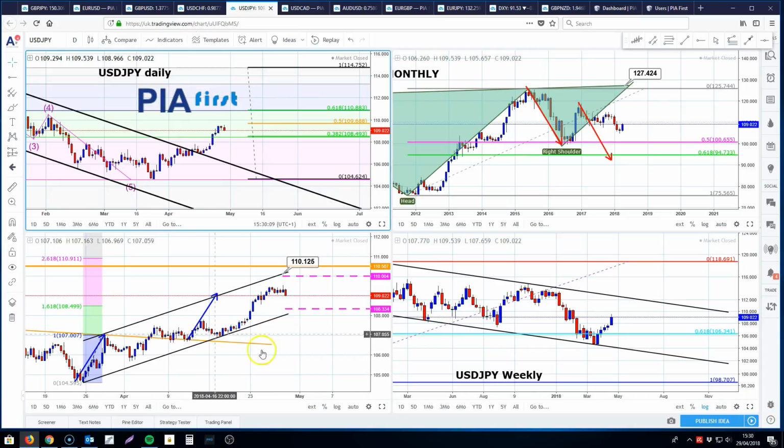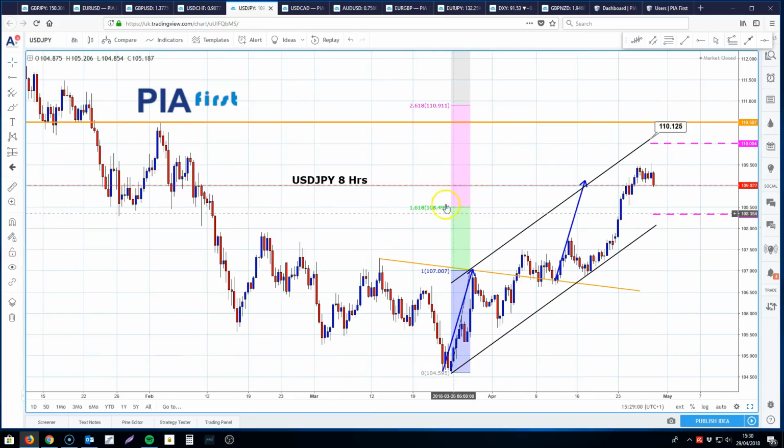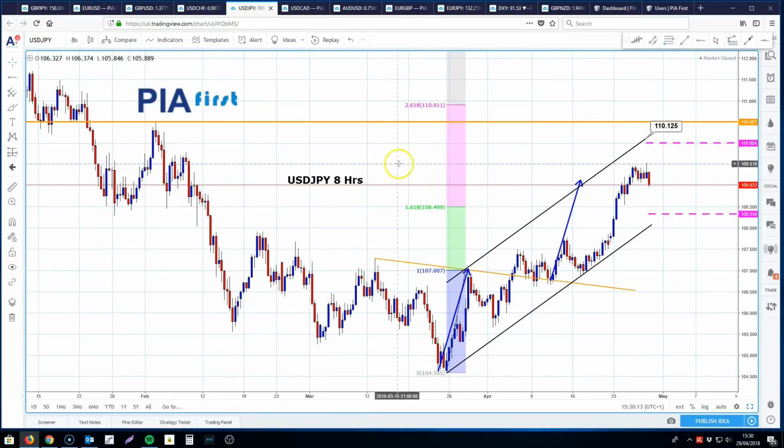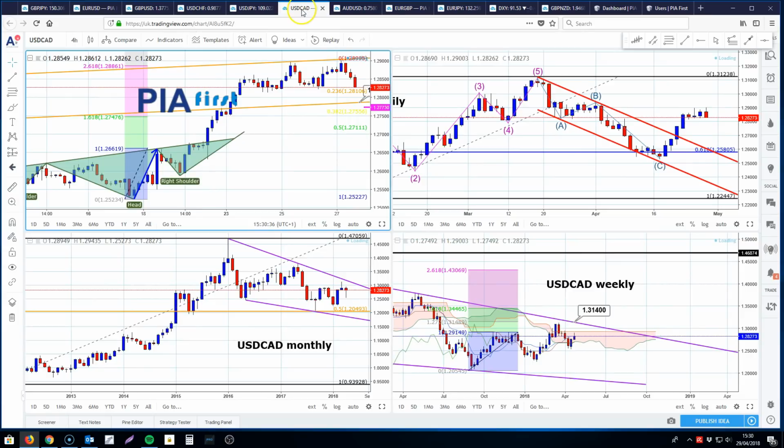And in fact, if we go to the 8-hour time frame, it's pretty close to a channel top, a previous swing high, and a 261.8% extension level. So we'd look for this area to cap buying this week, but on the dip side, we've also got support at 108.33. So buying dips, selling rallies in dollar yen this week.